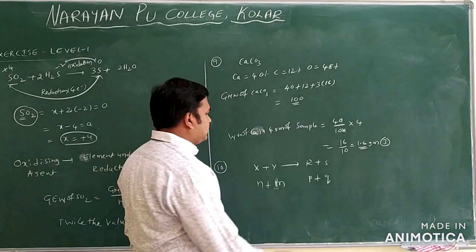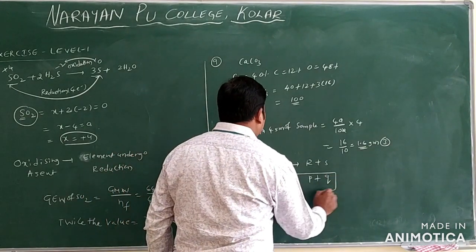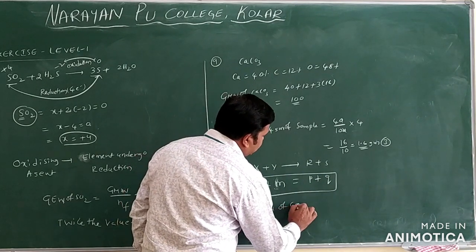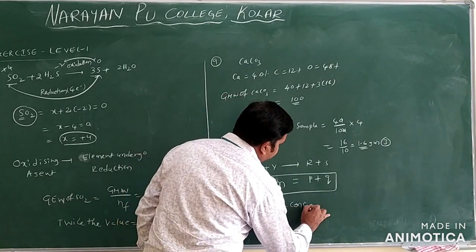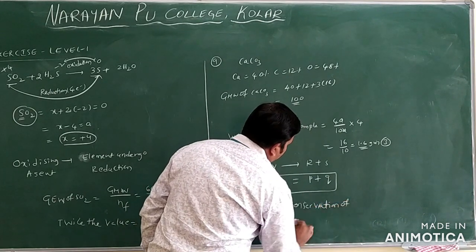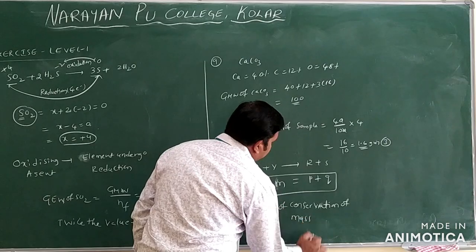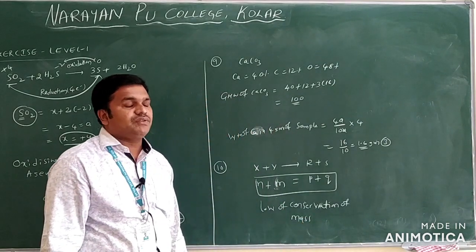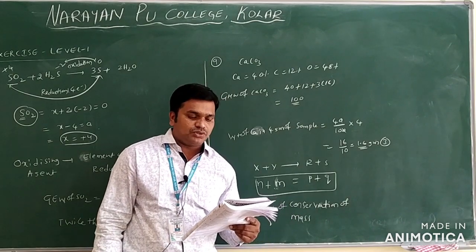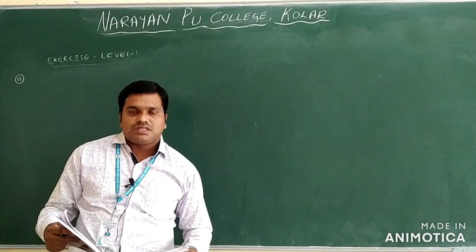So you will write N plus M is equal to P plus Q. What law? It is the law of conservation of mass. This is question number 10. You can take option 2.